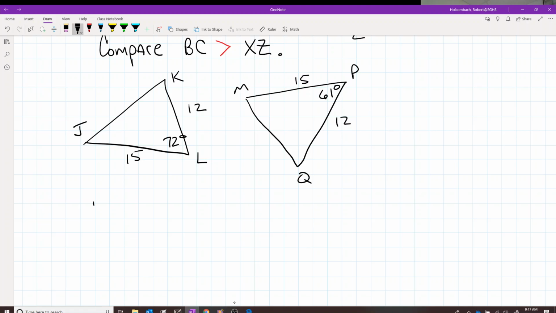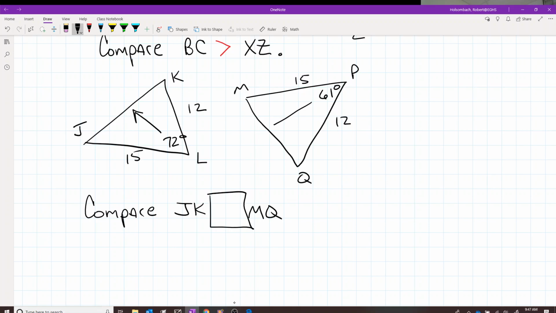Compare JK and MQ. JK is across from a 72. MQ is across from a 61. What's the comparison? JK is greater than MQ. Everybody all right with that?